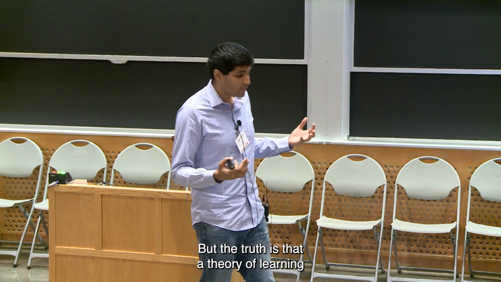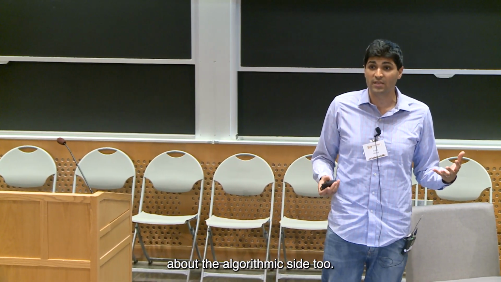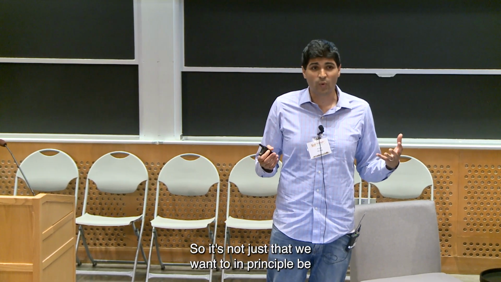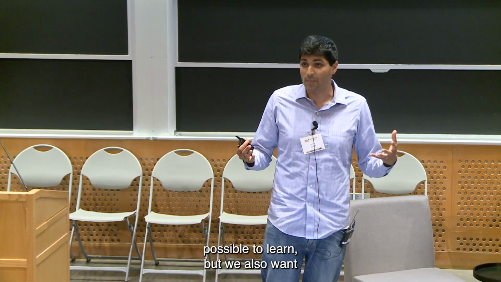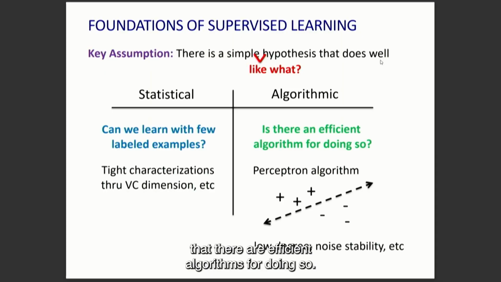But the truth is that a theory of learning is somehow incomplete unless you also talk about the algorithmic side too. So it's not just that we want it to be possible, in principle, to learn, but we also want that there are efficient algorithms for doing so. And the main point is that when we think about both of these sides together, both the statistical and algorithmic, oftentimes the algorithmic side places a lot of constraints on what types of hypotheses make sense to learn.